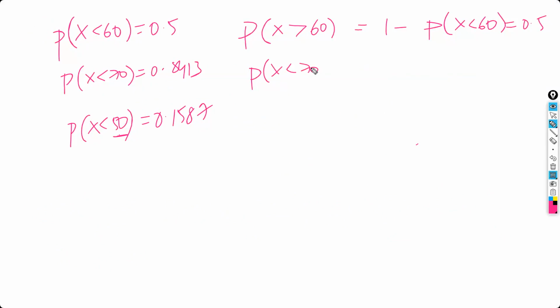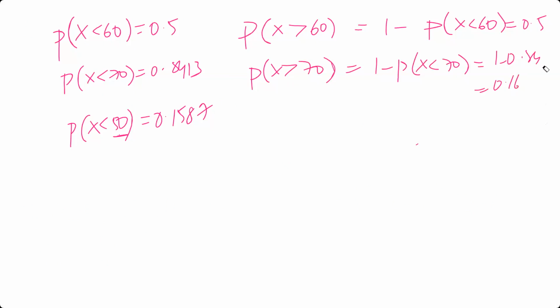One more time I will explain. X greater than 70 means 1 minus probability of x less than 70, which is 1 minus 0.8413, which is 0.1587.